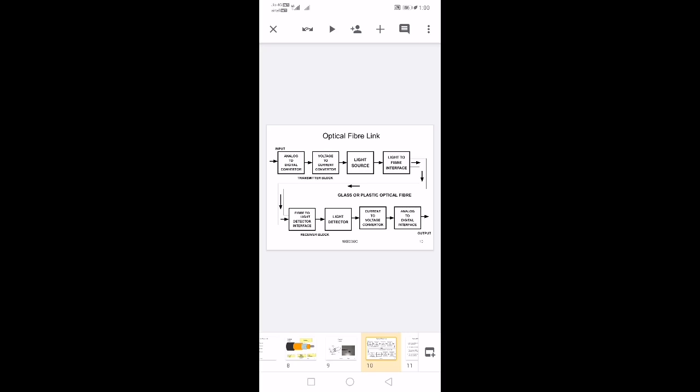Then you will have detectors, maybe an avalanche photodetector, which will detect the light and convert it into current. That current will again be converted into voltage, and that voltage goes through a digital to analog converter and is given to the final destination.